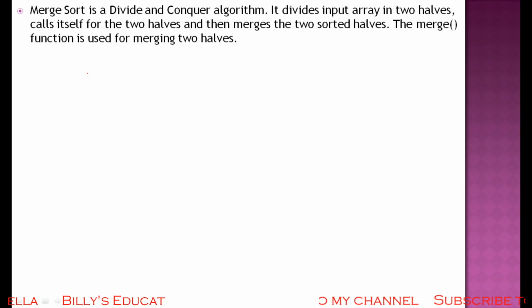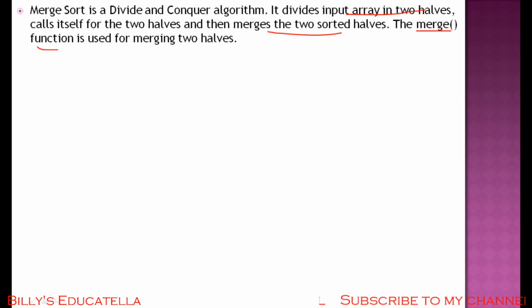Here in merge sort, it divides the given array into two halves, and these two halves call themselves until they have a single element in the given array, and it merges the two sorted arrays by using the merge function. By using the merge function, it will merge the two sorted arrays, and the arrays will be sorted by using the conquer technique.